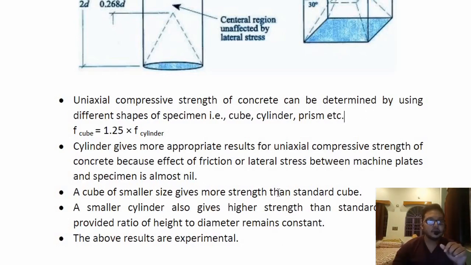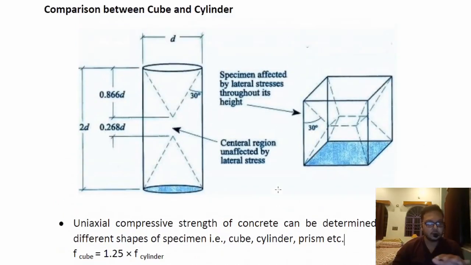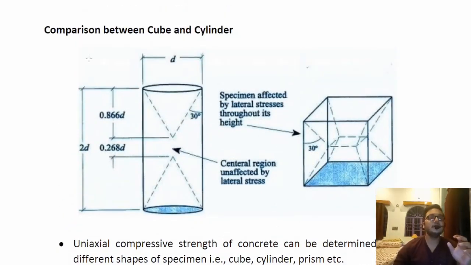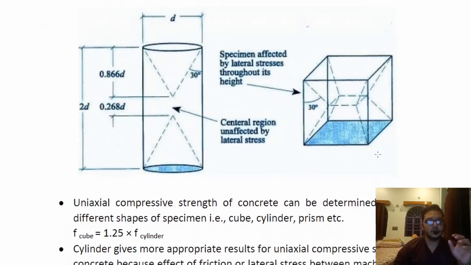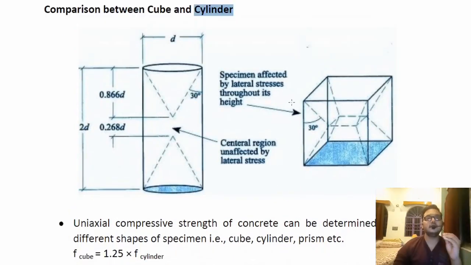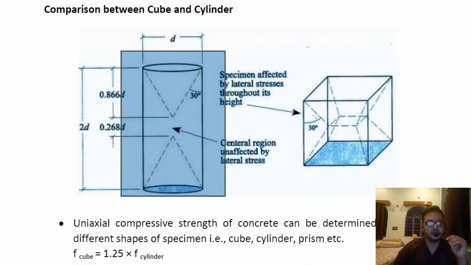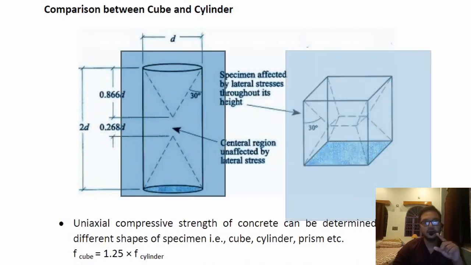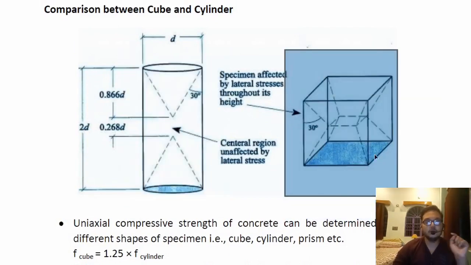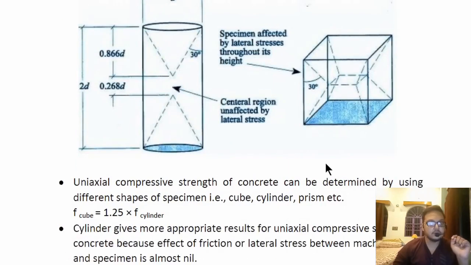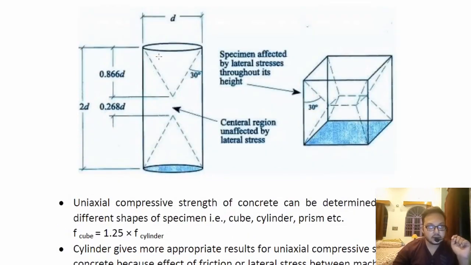So in this section we have done a comparison between the cube and the cylinder regarding which one is better in taking the lateral stresses. In the first figure you can see a cylinder, and in the second figure we have a cube.